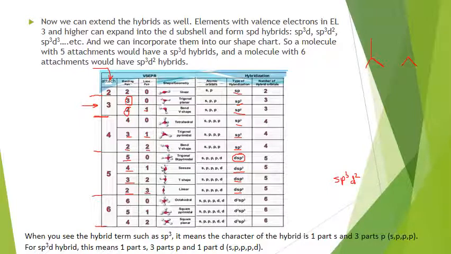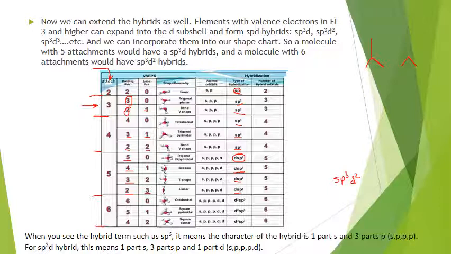Now, if you take a look at these, this is made out of two orbitals, two hybrids. Okay, so it has two hybrids, two sp's. This guy here, if it's an sp2, it will have three sp2 orbitals. Okay, so there's three.